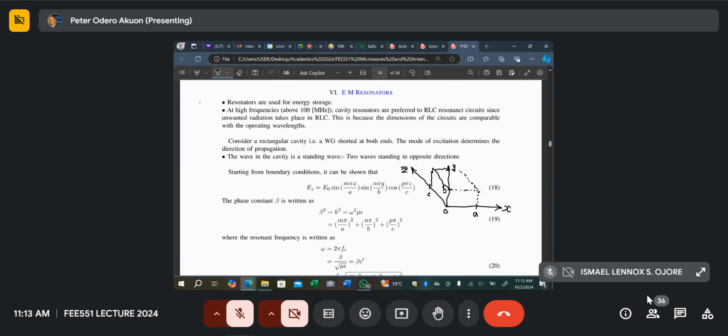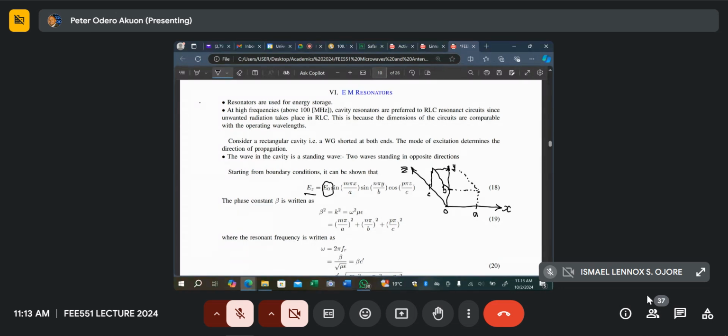And so you can define the propagating field, Ez, as some amplitude times the sine of the mode M, pi x over A, times sine of the mode N, pi y over B, times cosine of P, pi z over C. So in this case, what is the mode of this resonator?